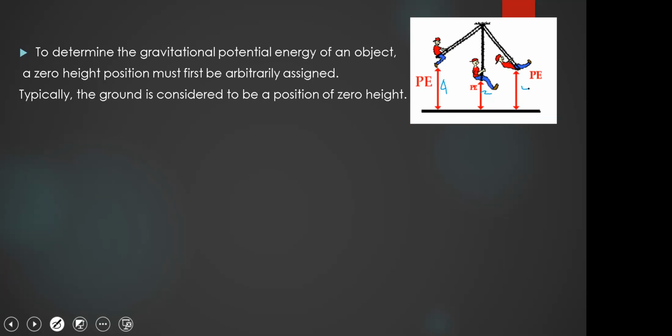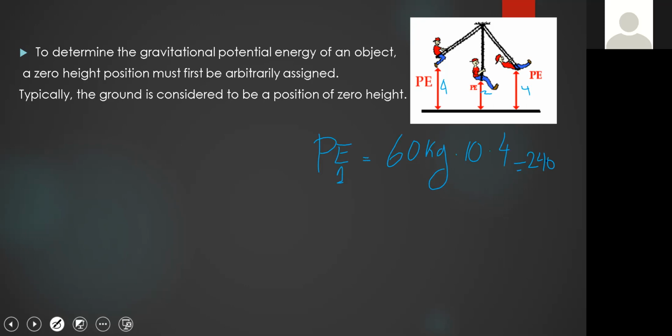So in the first case, PE at the first position is his mass, as an example 60 kilograms, times 10, which is g, times the height, which is 4. Now, what is the unit for energy? Joule. Bravo. So it's 240 joules.